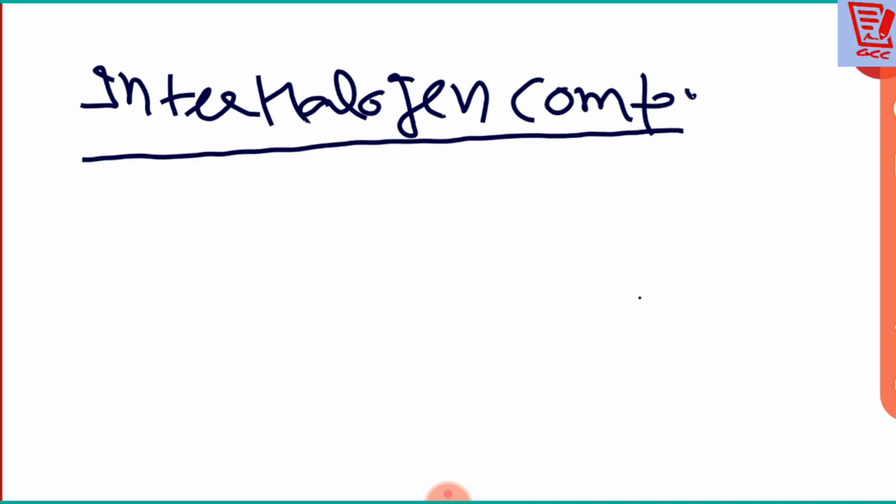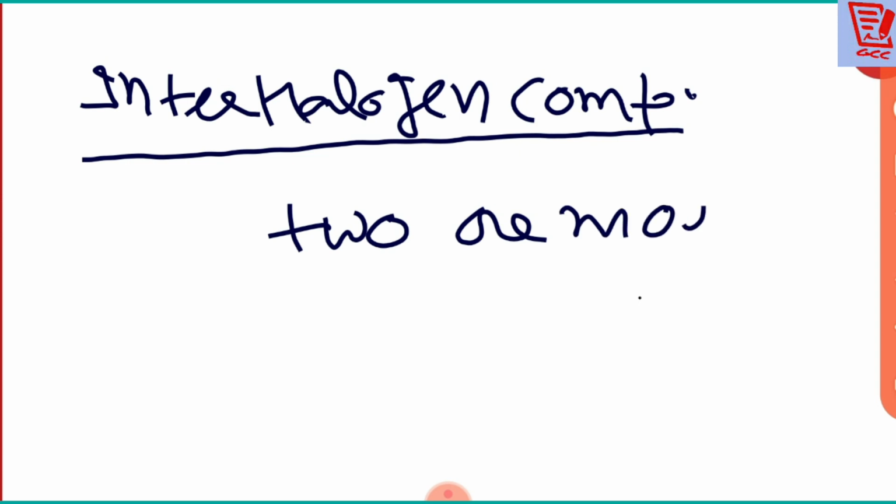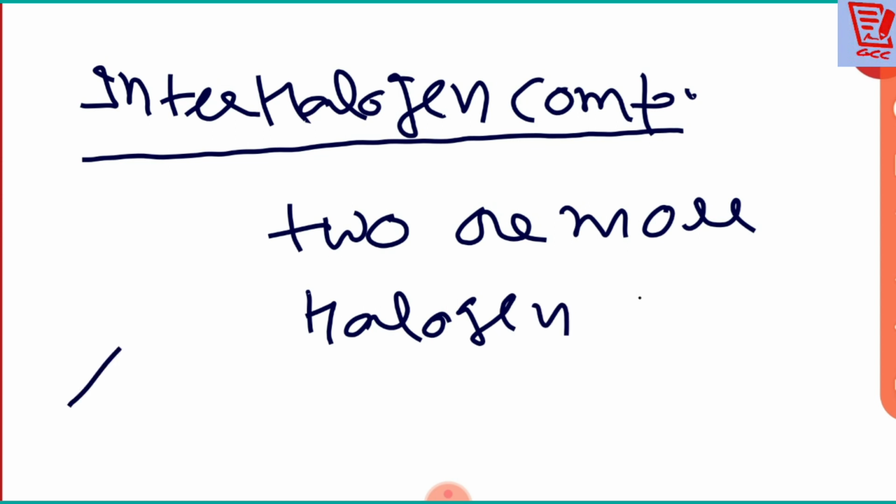So students, whenever we are talking about the interhalogen compound, it means the compound containing two or more halogen atoms. But just remember, these halogens should be different.